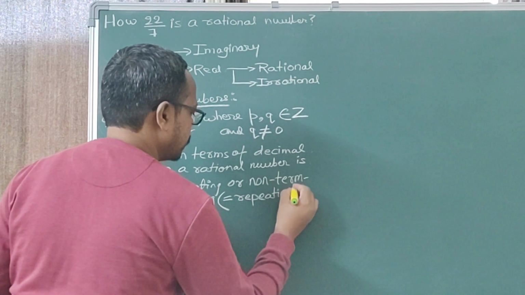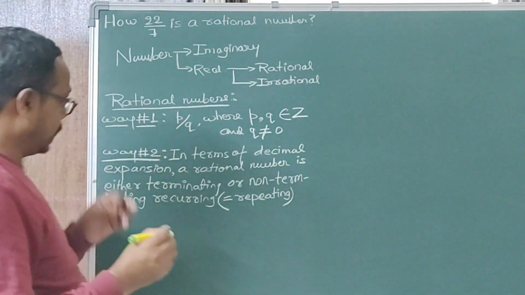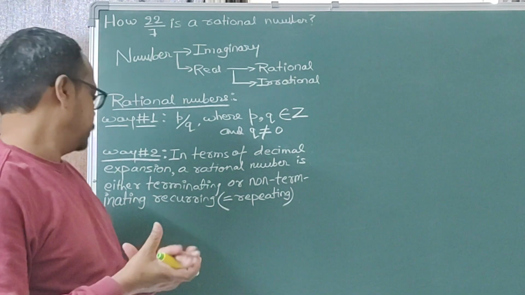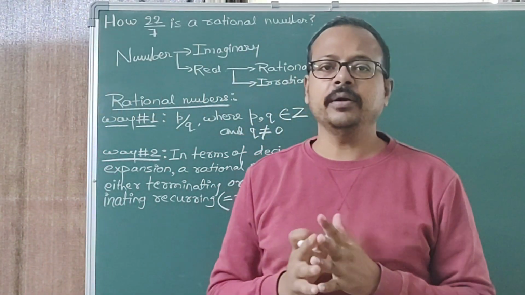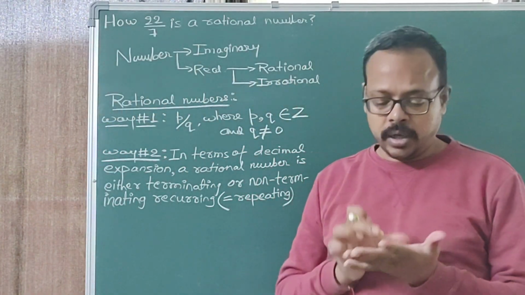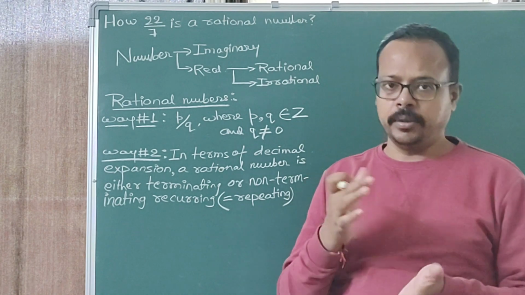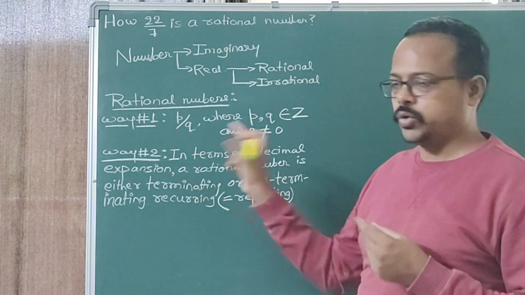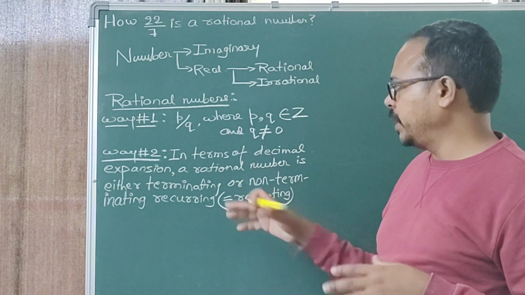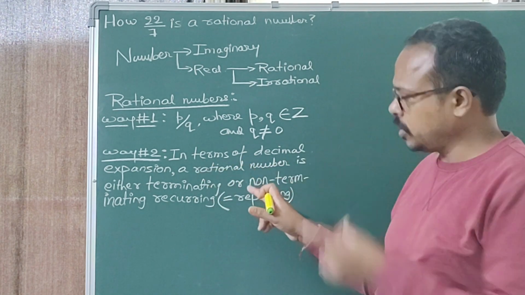You can say a rational number is either terminating or it is non-terminating but repeating. So this is way two. In this way also, in terms of decimal expansion, this is the definition of a rational number.